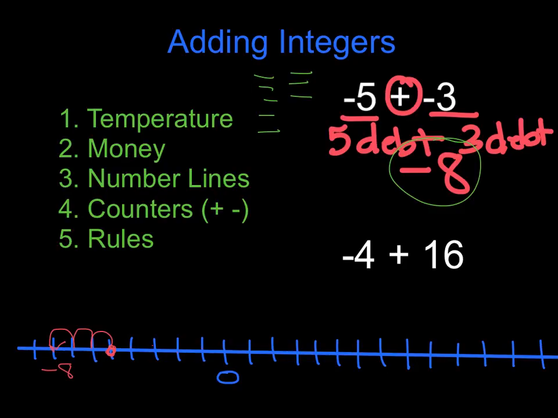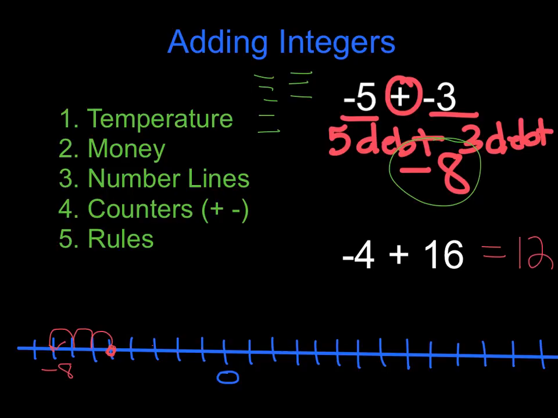Now I am going to work through the second problem, working through all 5 methods that you could use. First, if you choose to think of temperature, this would mean that your temperature starts out 4 degrees below zero and increases 16 degrees. If you start at -4 and it increases 16, you would end up with a temperature of 12 degrees.